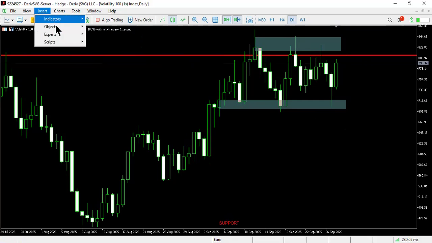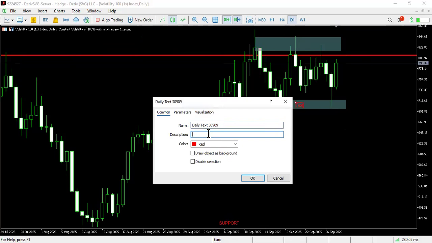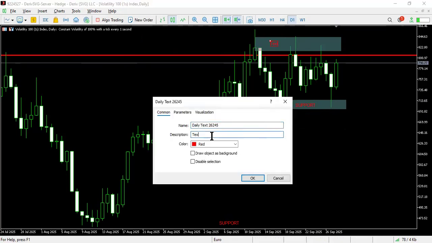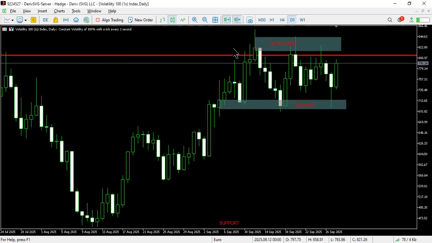So we have another support up there where VIX 100 is ranging between that support and that resistance. That is all on the daily time frame.